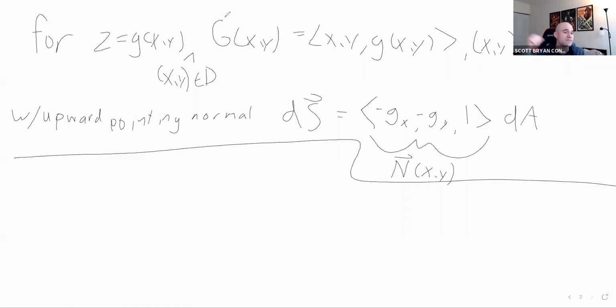In this case, we don't have z is equal to a function of x and y. We have y is equal to a function of x and z. So in this case, we let x be x, y is the function of x and z, and z is z.